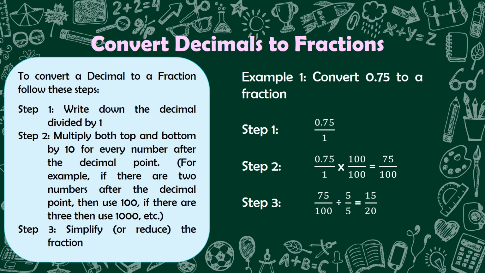We can see that 15 over 20 can still be simplified. So let's think again of another common factor for them. That's right, we can use again 5. So 15 divided by 5 is equal to 3, and 20 divided by 5 is equal to 4. Now, we have 3 over 4 as the fraction form of 0.75.